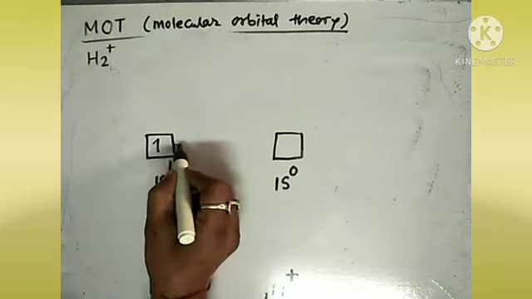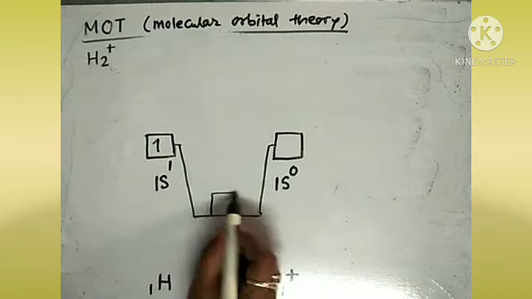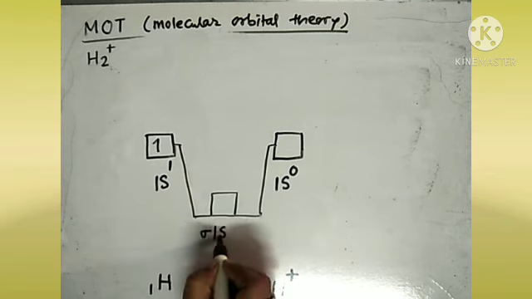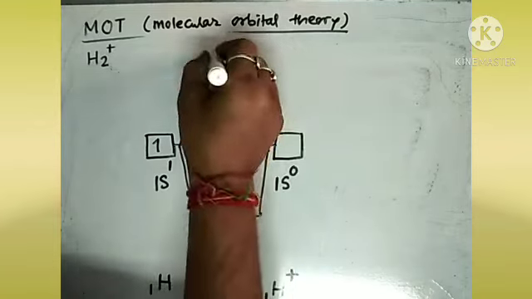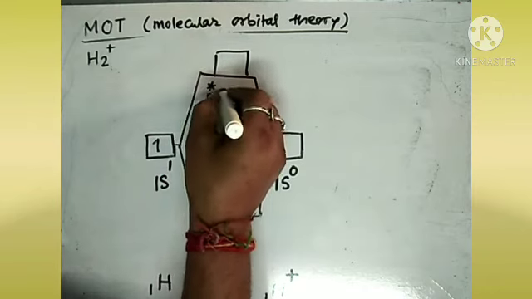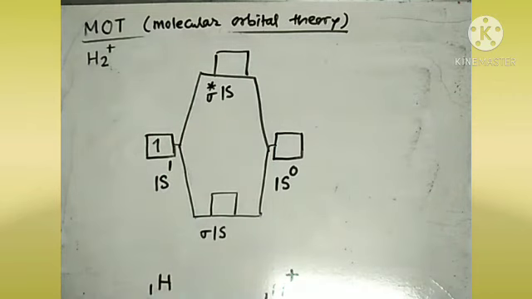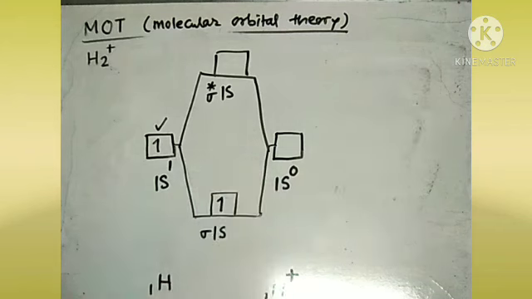Now by addition you can go for this sigma 1s, and at the upper side we have the anti-bonding molecular orbital, which can be written as sigma star 1s. Let's fill the electrons. We have only one electron, so you have to fill the electron in sigma 1s. So this is the complete MOT diagram of H2 plus.